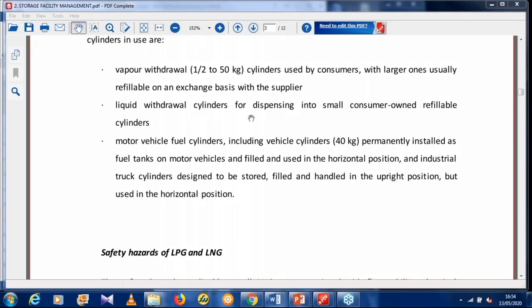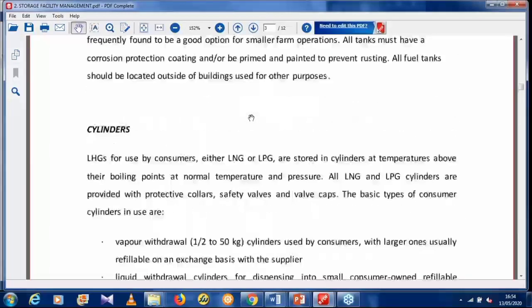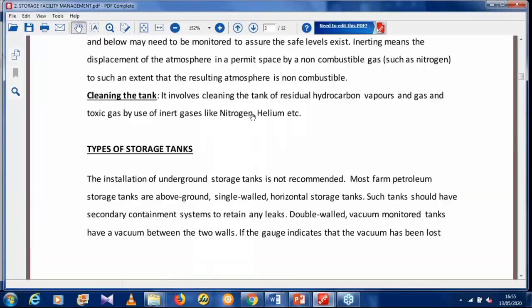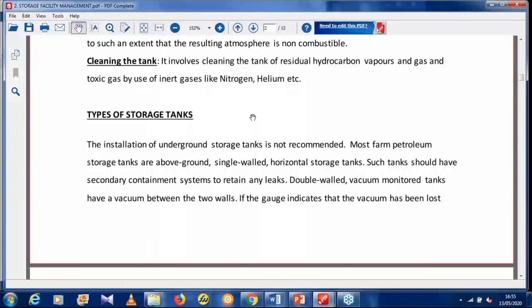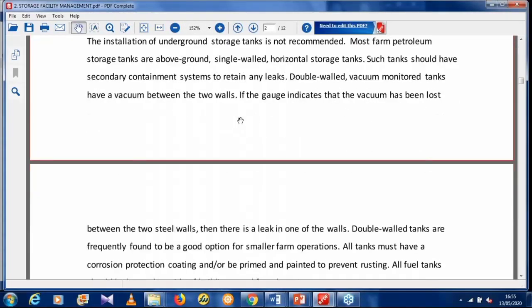In the last class, we talked about activities like cleaning of the tank, degassing, the types of storage tanks, and the rules or regulations guiding the installation of storage tanks.